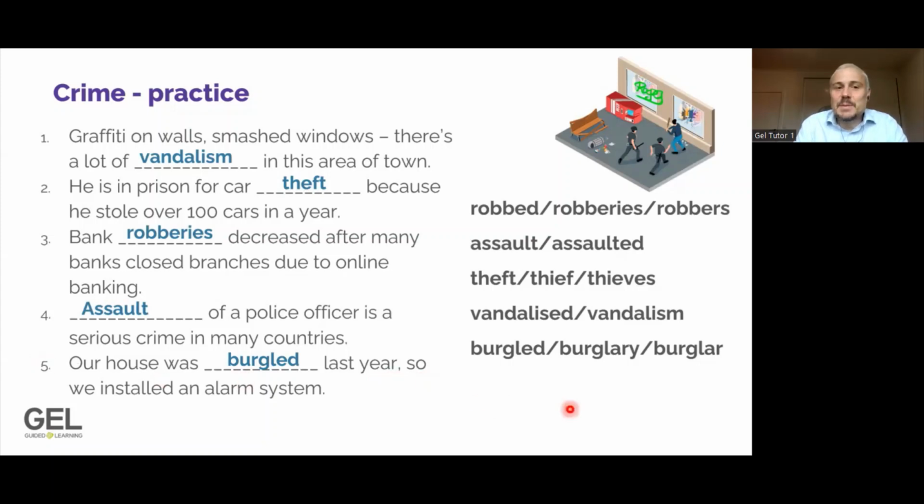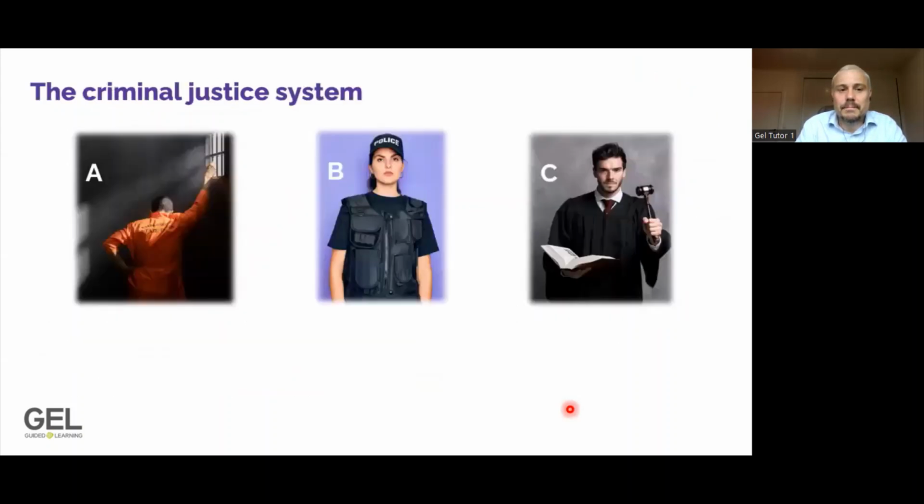Okay, let's move on now and talk about the criminal justice system. Look at these 3 pictures. They show people involved in the criminal justice system. Which of these people arrests people? Is it person A, person B, or person C?